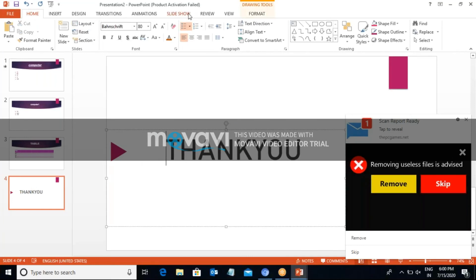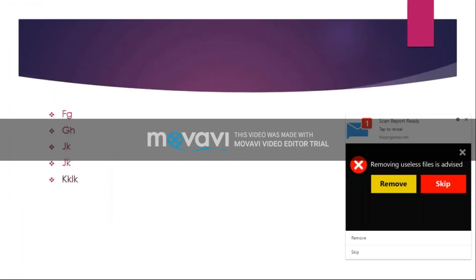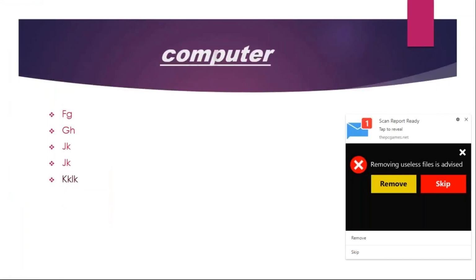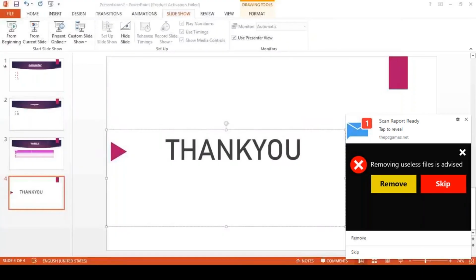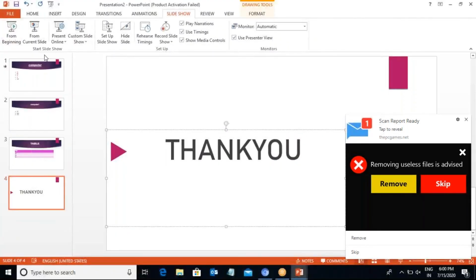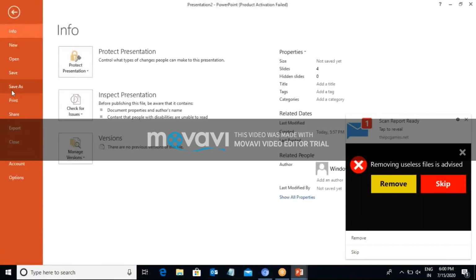Then we go to the Slideshow window and click on From Beginning, and click with your left and right button, so this PowerPoint will be created, a very convenient PowerPoint presentation.